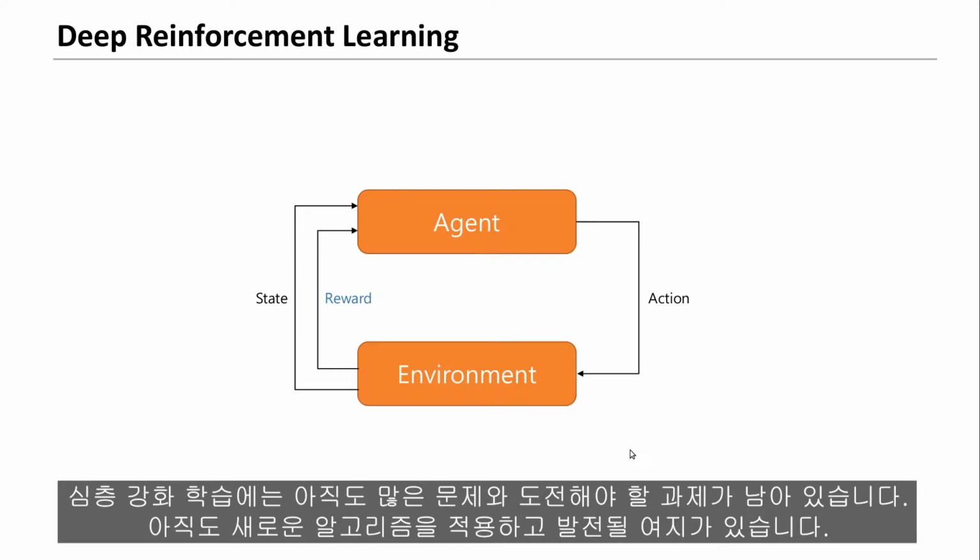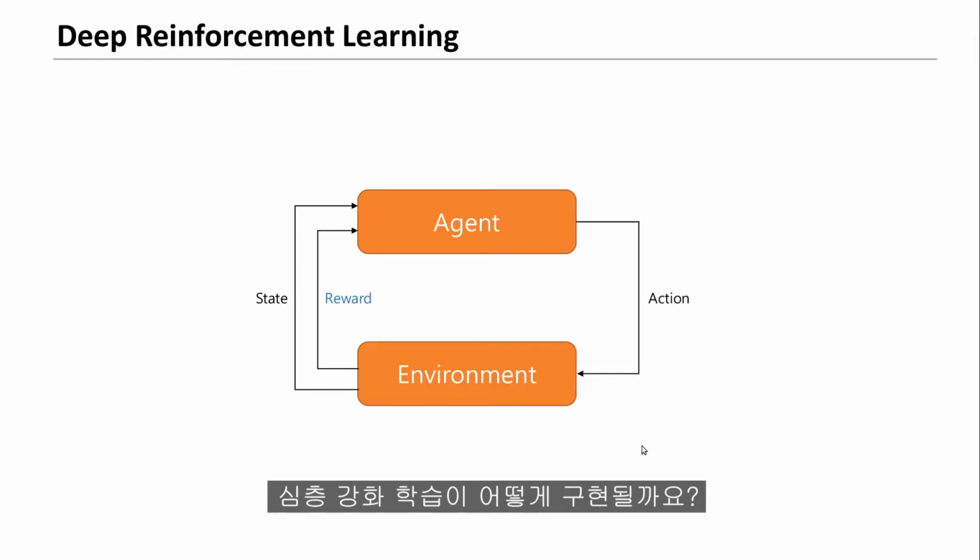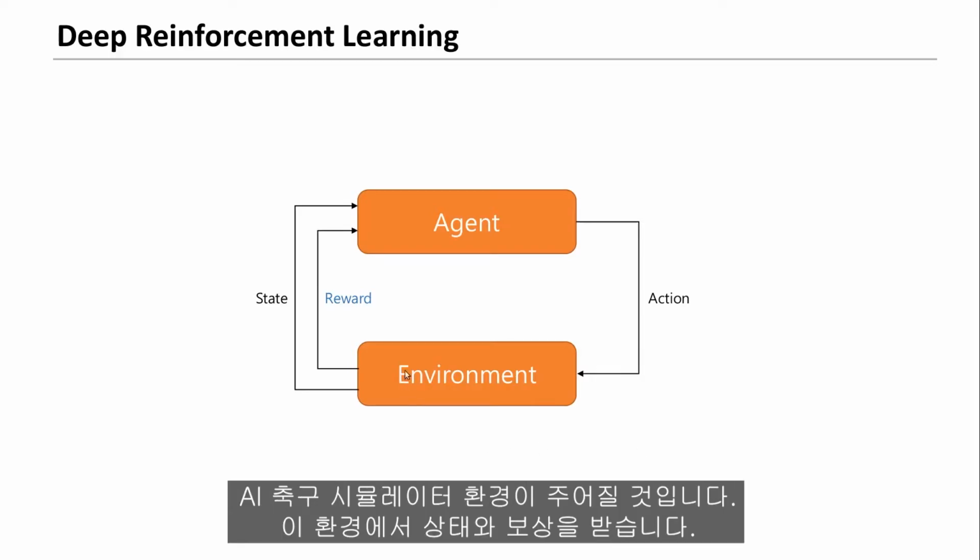So, solving this problem with deep reinforcement learning is challenging, and it has a lot of room for improvement and building new algorithms. How does deep reinforcement learning work? You have your environment, which in our case is the AI Soccer simulator environment, and from the environment you receive your state and you also receive a reward.